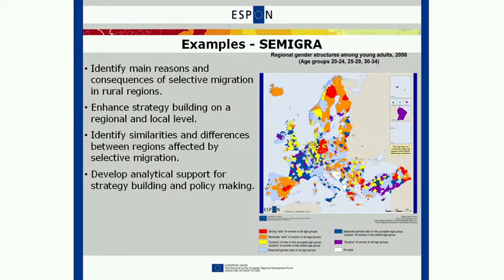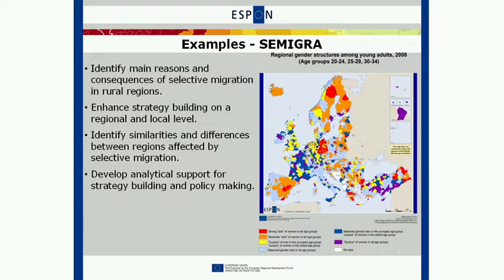Then one of our latest Priority 2 projects is SEMIGRA, which looked at the consequences of selective migration in peripheral rural regions in Europe. So selective migration meaning that it's, in that case, particularly young women leaving rural regions and moving to the cities where they find better opportunities for getting education, finding jobs.